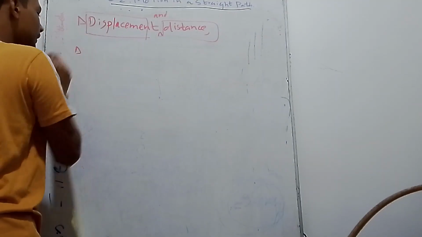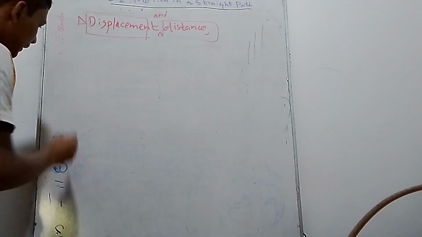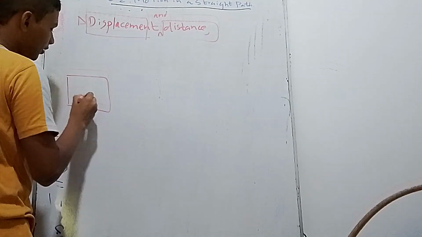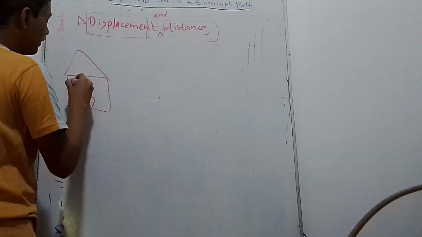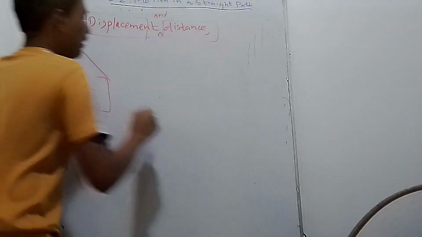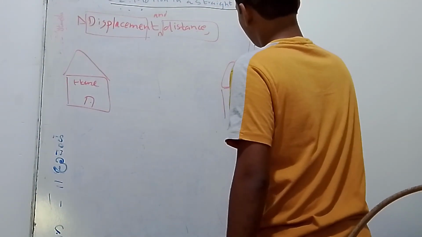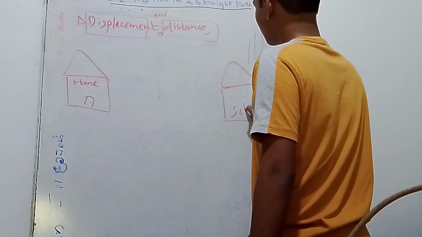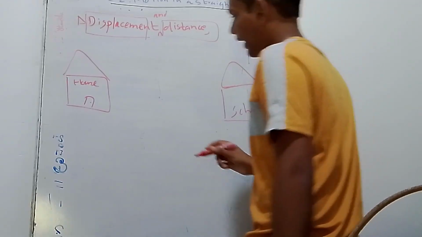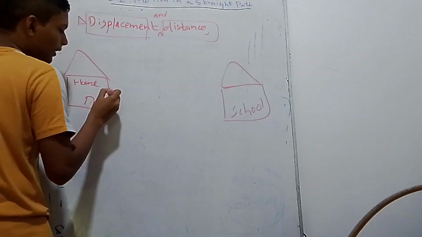So displacement, I will give an example. Think this is your home. And think this is your school. And this is the path.